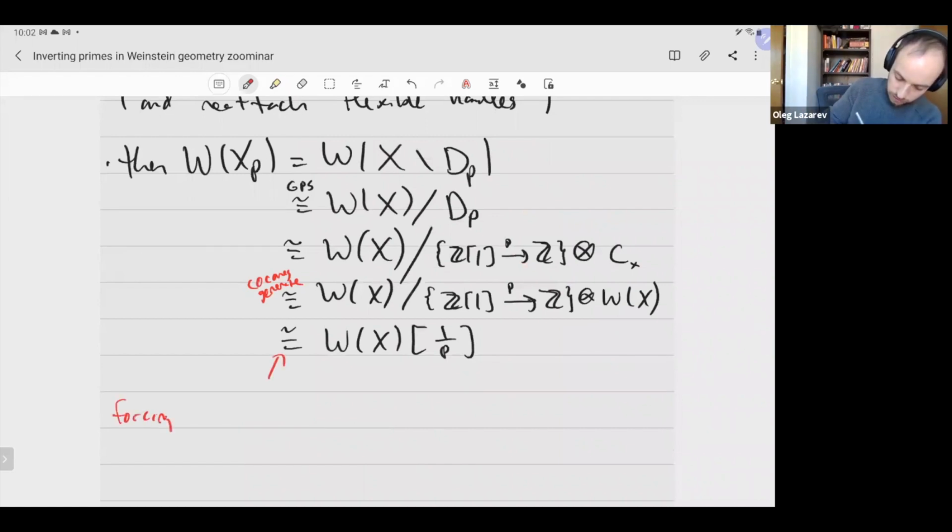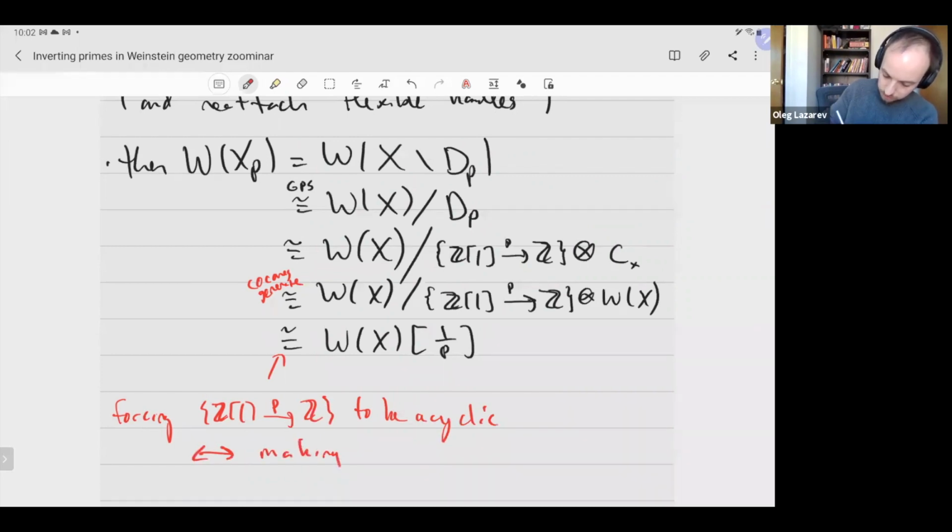Basically, forcing this chain complex to be acyclic is the same thing as making P be invertible.